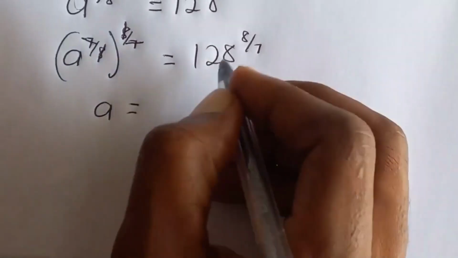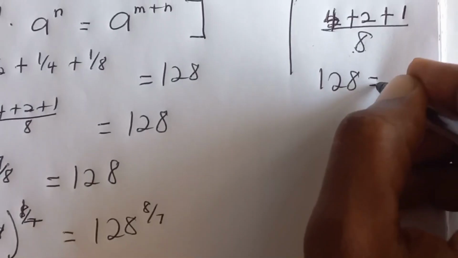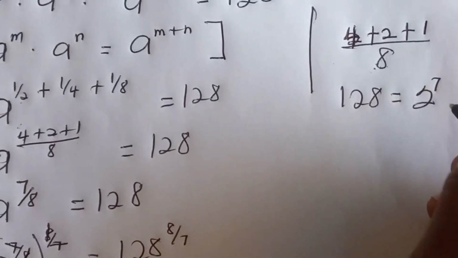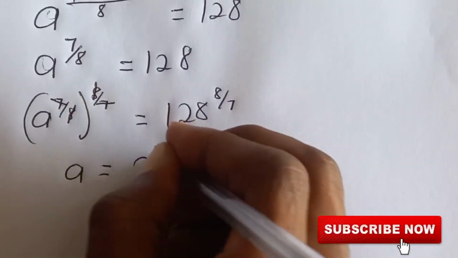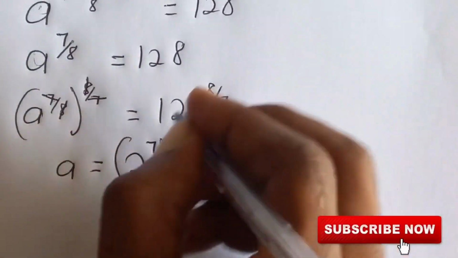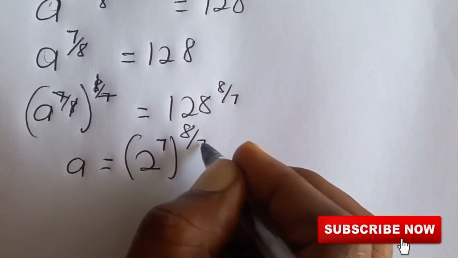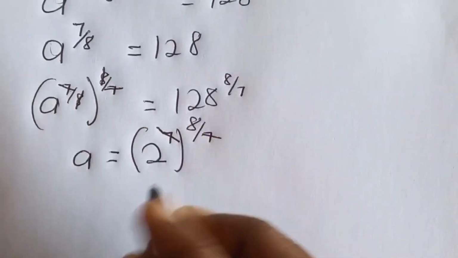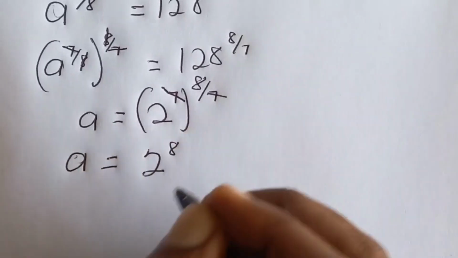And this 128 is the same as 2 exponent 7. So we are going to get 2 exponent 7, bracket, exponent 8 on 7. With this 7 cancelling this 7, we get a is equal to 2 exponent 8.